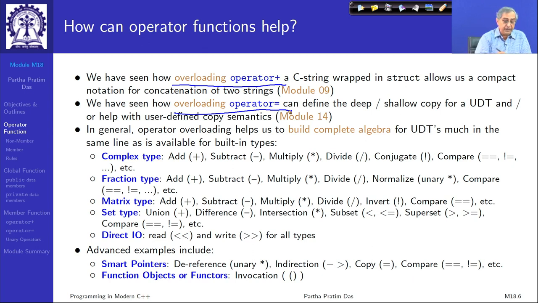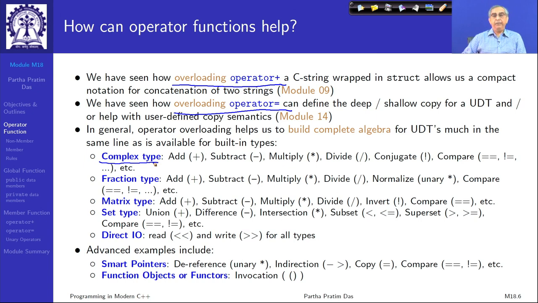But if I want to define a complex type, now I know how to define that type in terms of having private data members, double real, double imaginary, and constructor, destructor, all that.